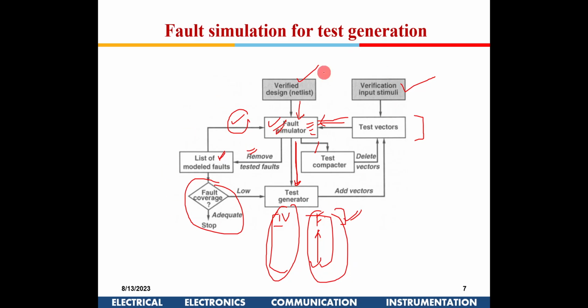So finally, when we run the fault simulator, all the faults should be there, and a corresponding test vector should be there. There could be one test vector which covers several faults, and that is the optimization we have to do.